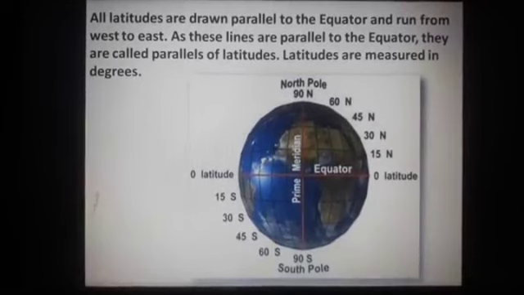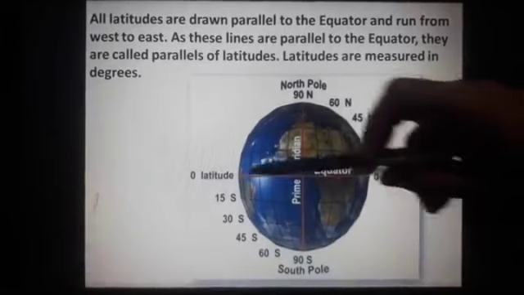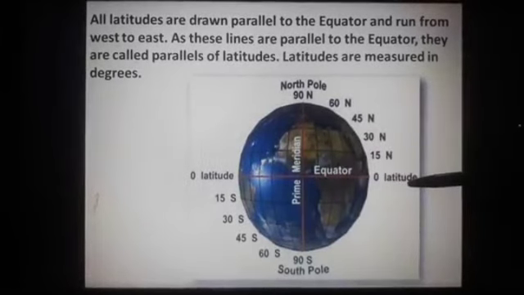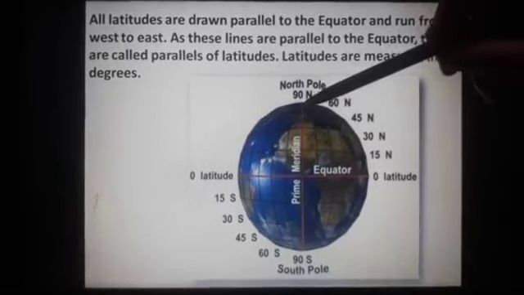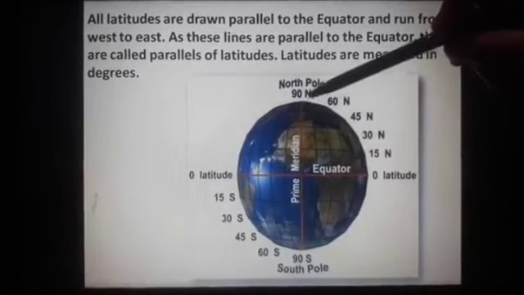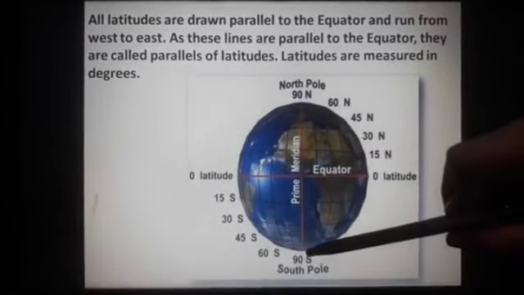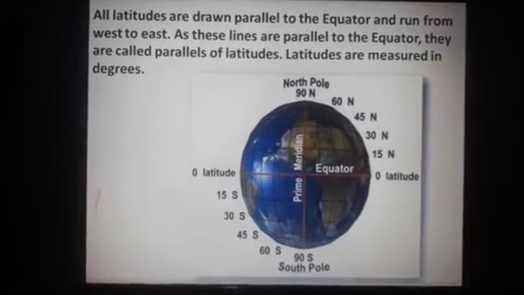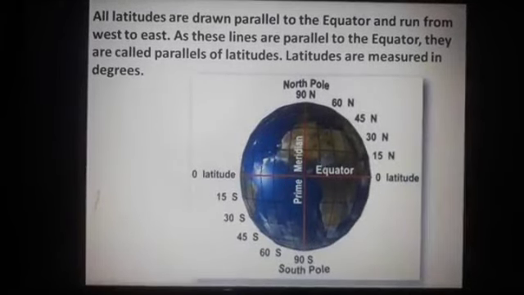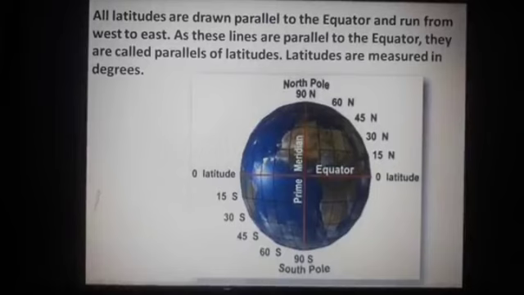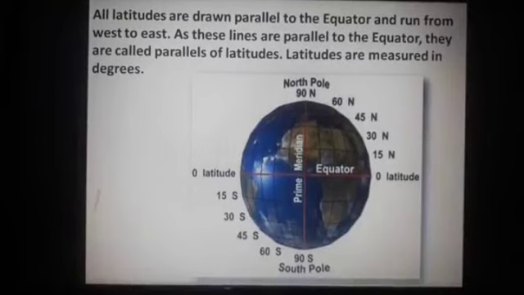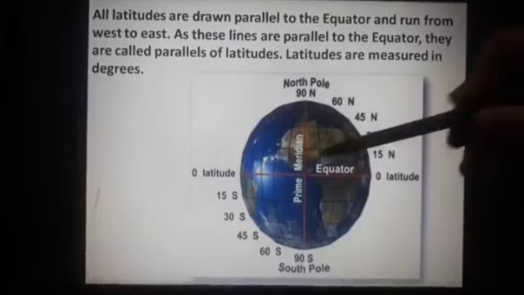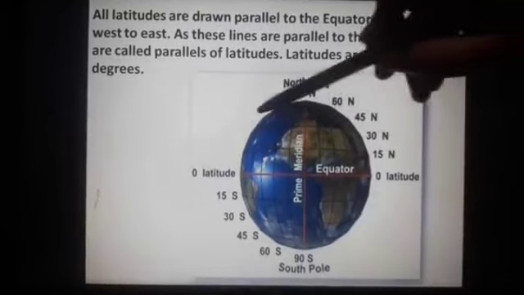The equator represents 0 degree. Look, the value of the equator is 0 degree. Right, 90 degrees north latitude marks the north pole and 90 degrees south latitude marks the south pole. And here you can see also many latitudes. All the parallels north of the equator are called north latitudes.